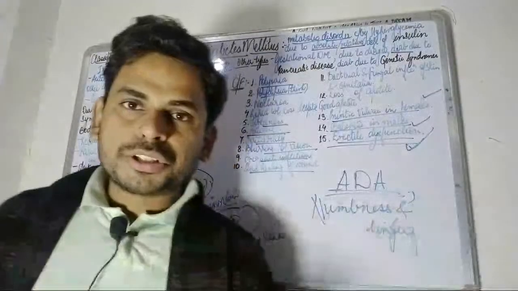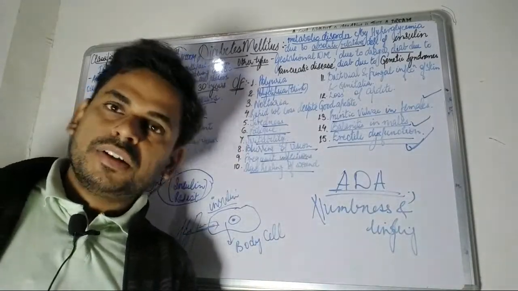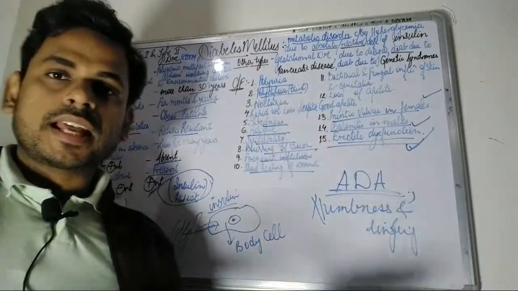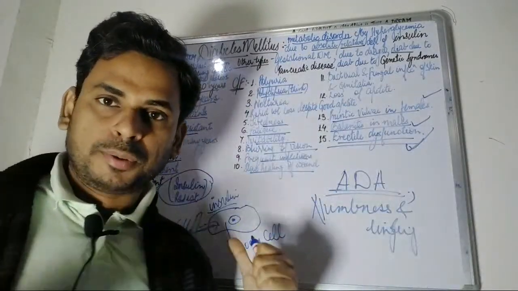I will click a picture of it and upload it in my playlist section. So you can have the clinical features and the points I have written by the picture I will be uploading.